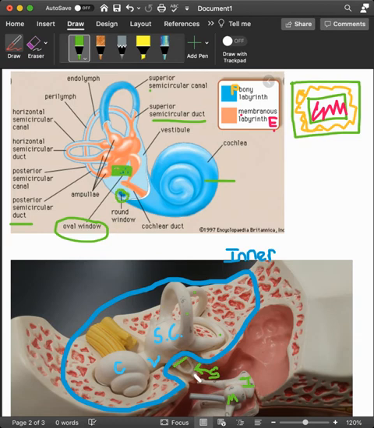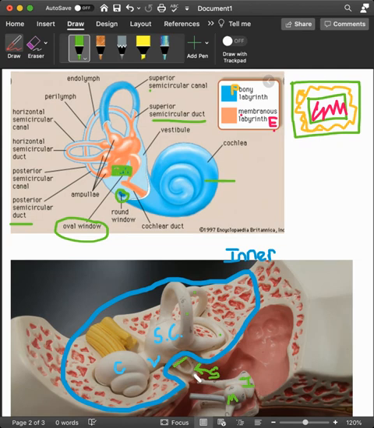So the round window, if we were to lift that piece up on this image of the actual model like we did in the other video, there would be an actual round window on the bottom. But this is what it looks like. It's kind of under where the oval window would be if the stapes wasn't covering it. And then there's the round window.